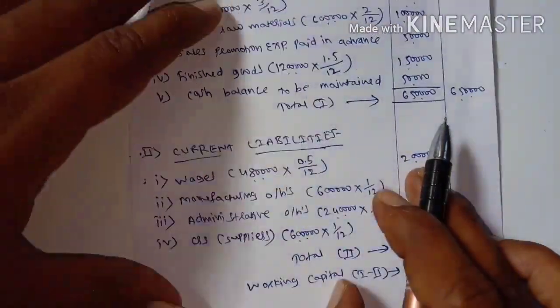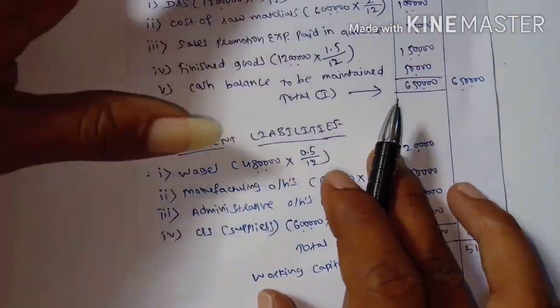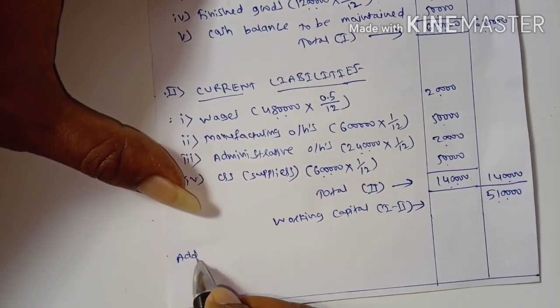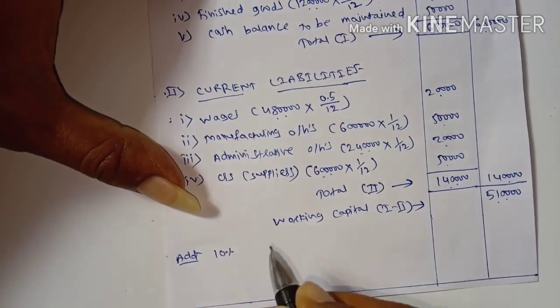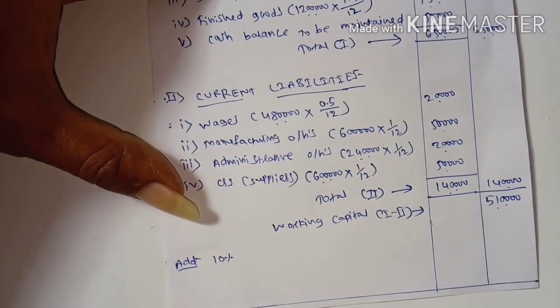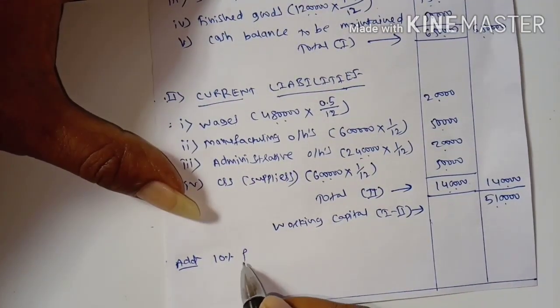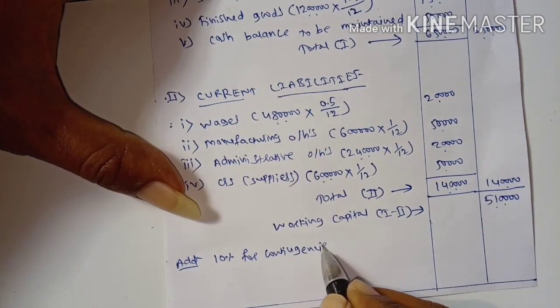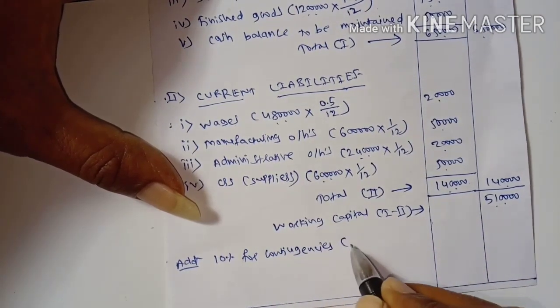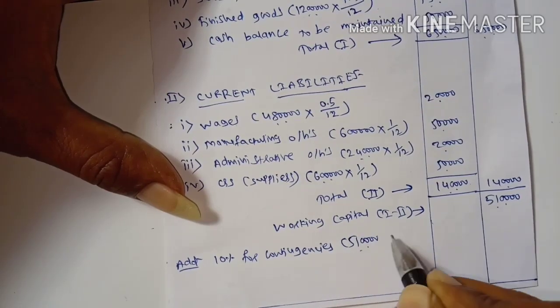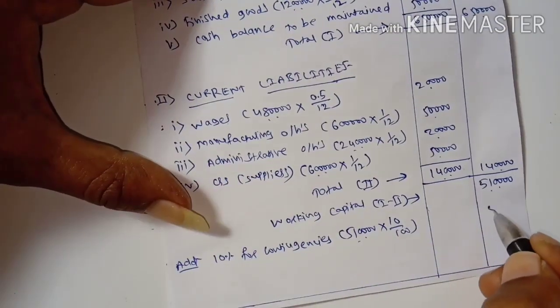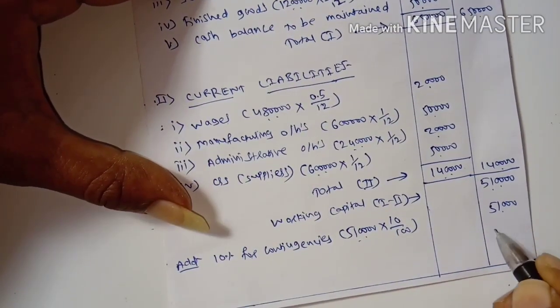Now in the problem they have mentioned 10% margin for contingencies to be provided for. The company wants to maintain 10% amount for contingencies. So this contingency amount will be added over here. Add 10% for contingencies. So 10% on 5,10,000, 51,000.